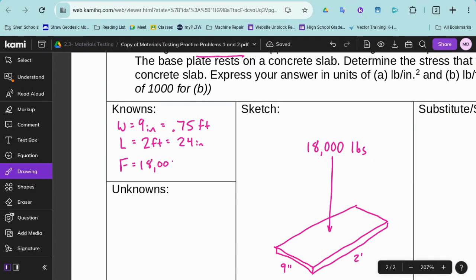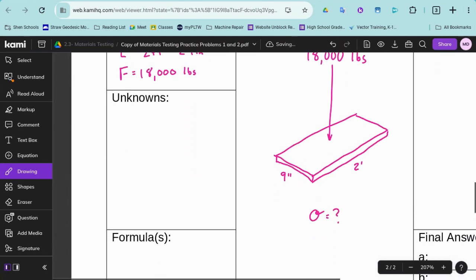That's 18,000 pounds. All right. Our unknowns would be the area and the stress.